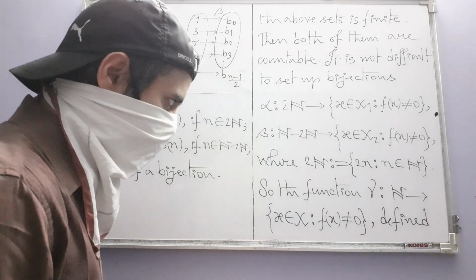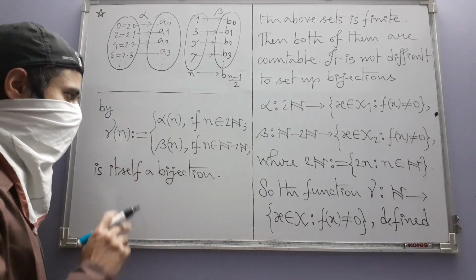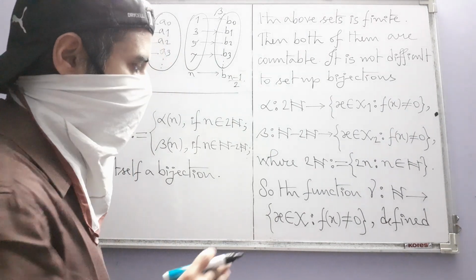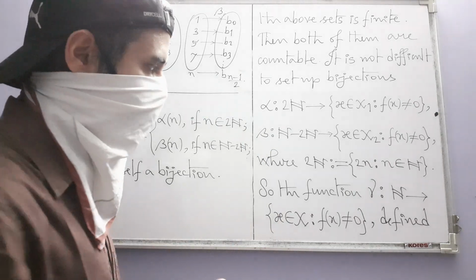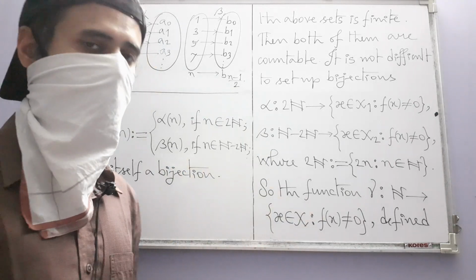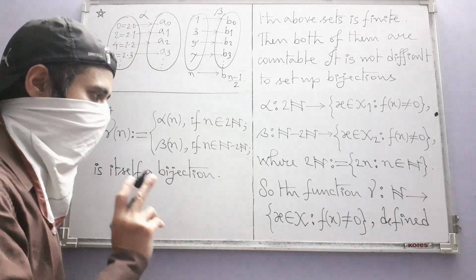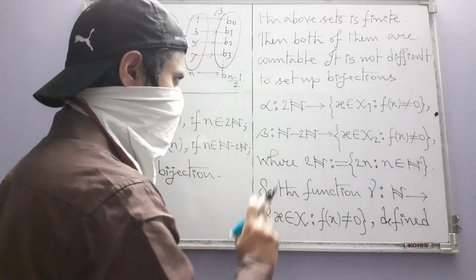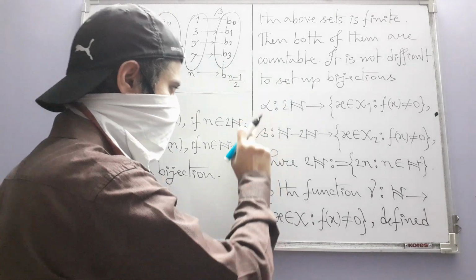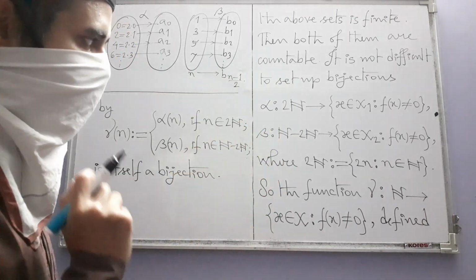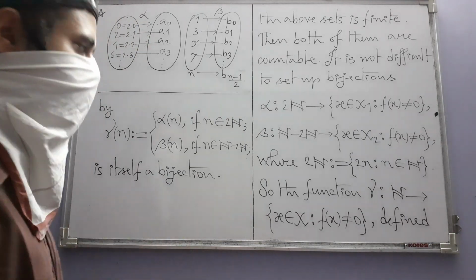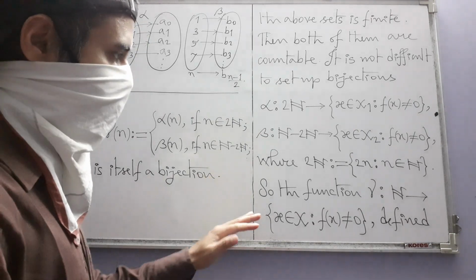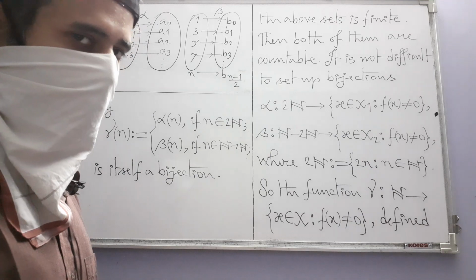And showing that gamma, first of all, is a well-defined function, and that it is both injective as well as surjective, that is one-to-one and onto, that I leave to you. And in showing these things, you have to use that alpha and beta themselves are well-defined functions and they are bijections, so that is why gamma is a bijection. These are some routine tasks, so I leave that to you.